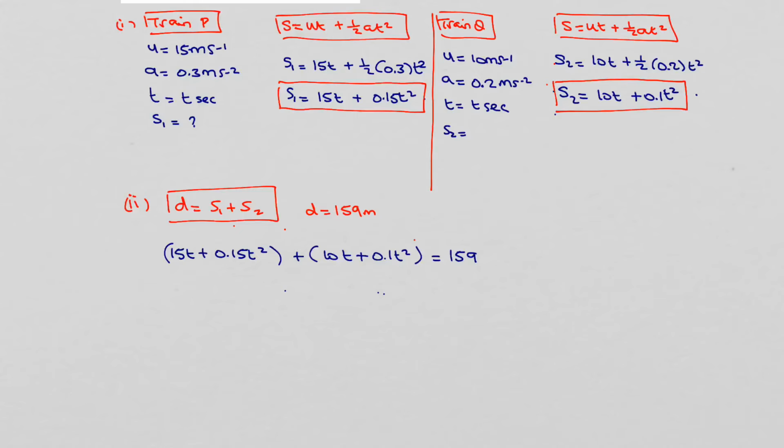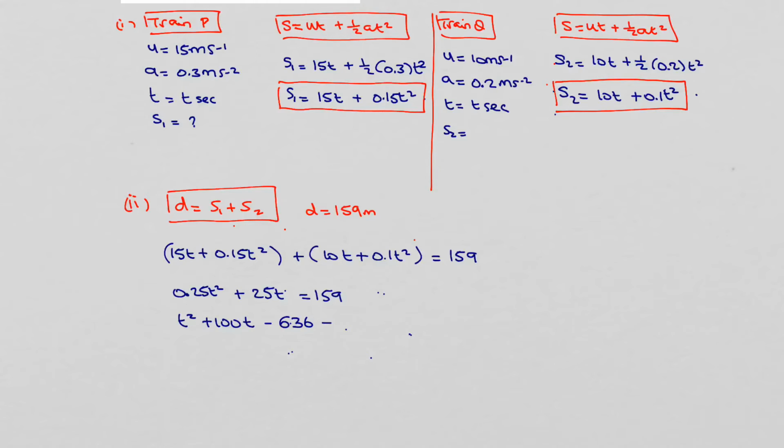So simplifying that, we end up with 0.25t squared plus 25t is equal to 159. And if I bring everything to one side and divide across by 0.25, we end up with a nice neat quadratic: t squared plus 100t minus 636.